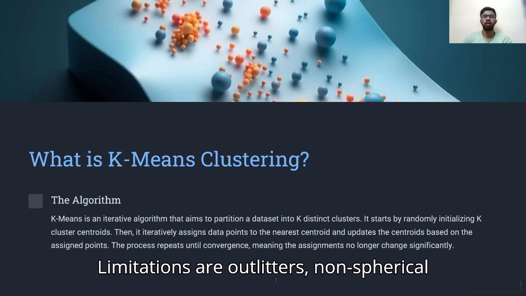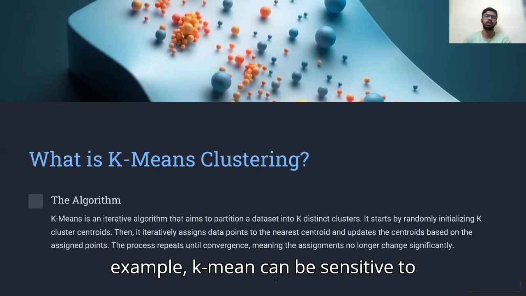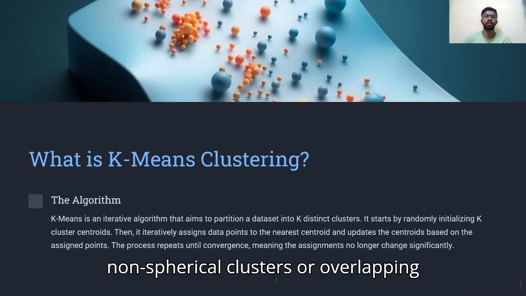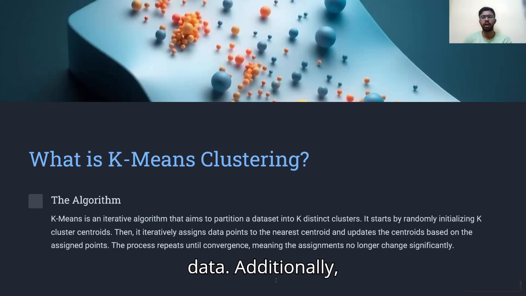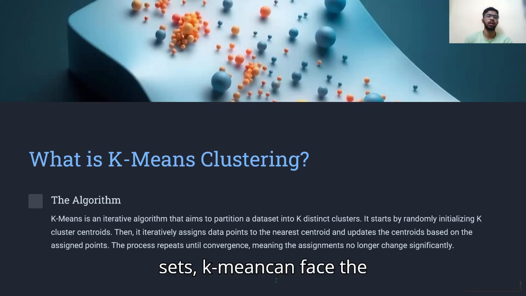Limitations are outliers and non-spherical clusters. K-means can be sensitive to outliers and might struggle with non-spherical clusters or overlapping data. Additionally, when dealing with high-dimensional datasets, k-means can face the curse of dimensionality.